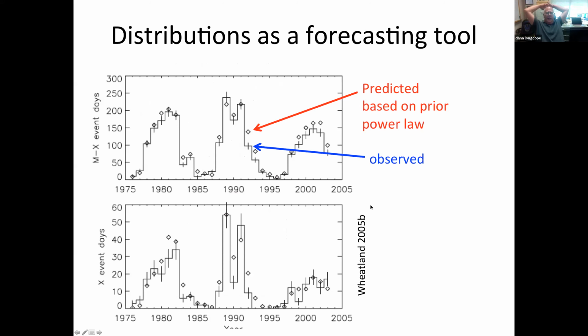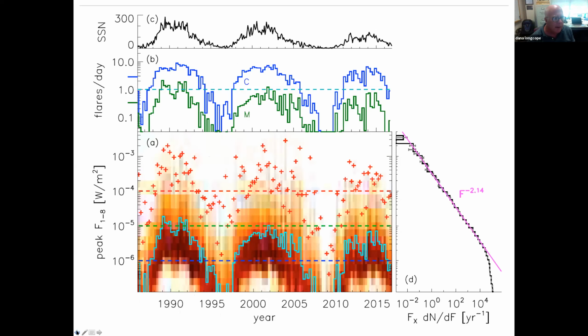Here, this is something that I was sort of wondering, hopefully if Dolores is still here, she might have something to say about this. This is where this Wheatland work went. If you know this power law distribution of the flare magnitudes, and it varies, right? You'll see that the number of flares per day is very low at solar minimum, very high at solar max.